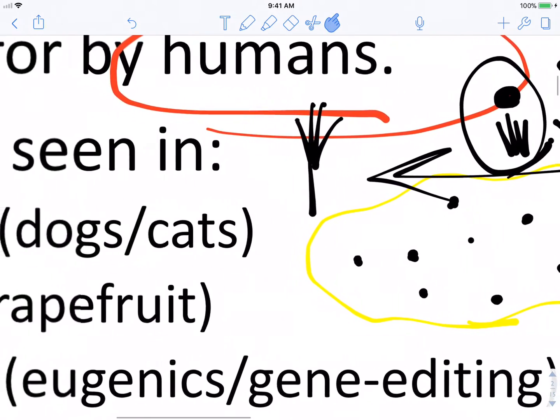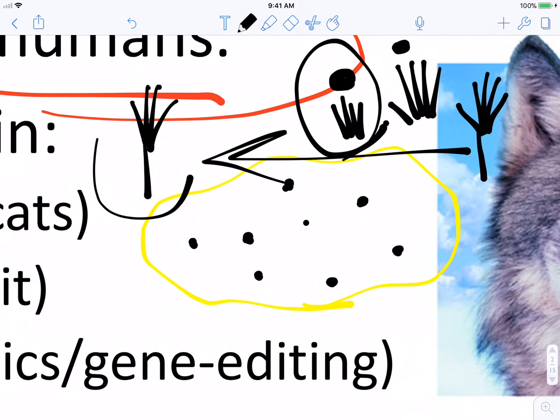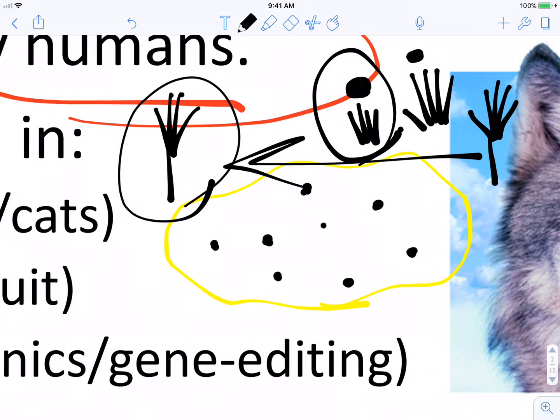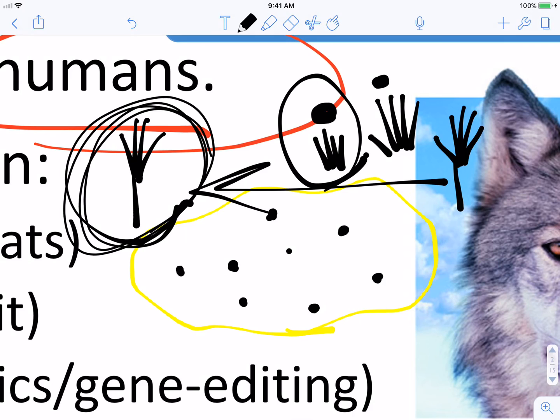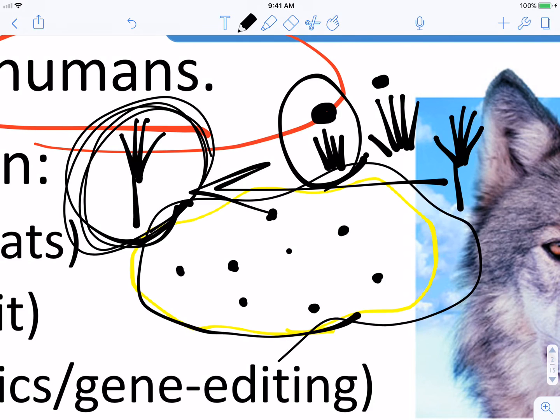The mutation that caused us to have 4 fingers was completely random. But the fact that that 4-fingered mutation was good and allowed us to feed ourselves better, that was not random, because of the situation and the environment that we were living in. So if you have a mutation, but it's good for you, and other people recognize that, you are going to be more likely to reproduce and pass on your mutation.